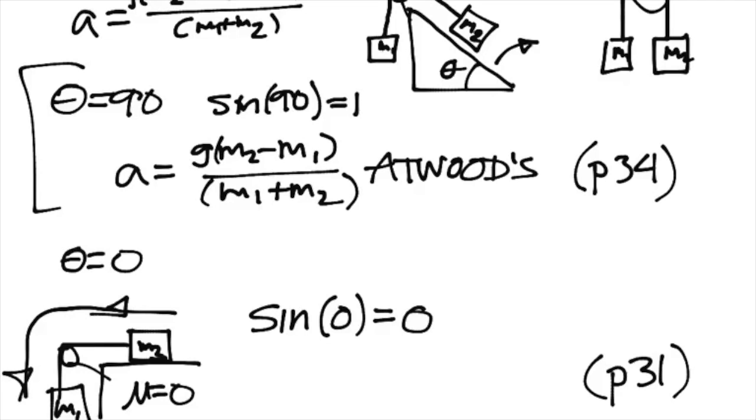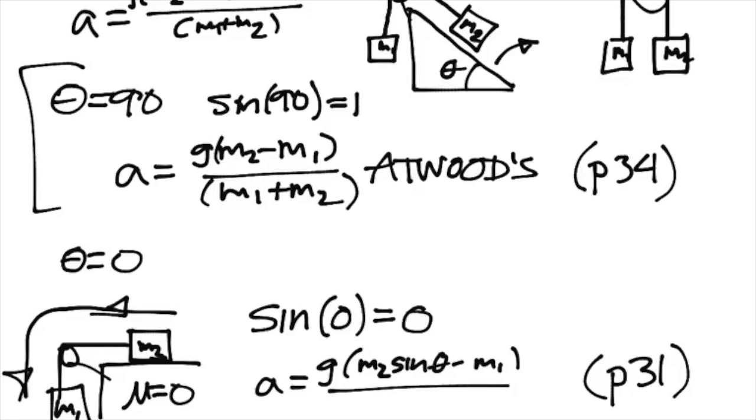In other words, for this a equals g times M2 sine theta minus M1 over M1 plus M2, this whole term goes away. And we're left with acceleration equals minus M1 g over M1 plus M2. And you might remember that that is the solution we got for that problem.